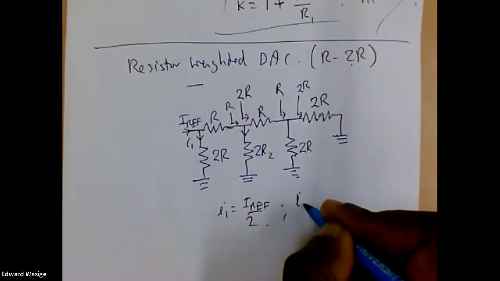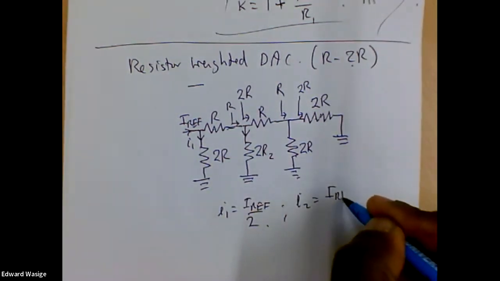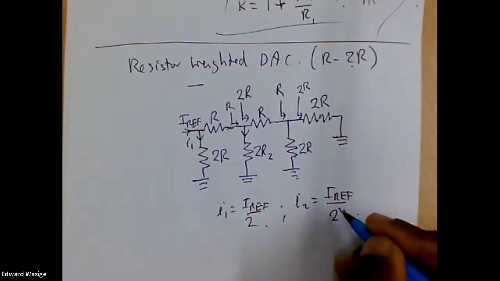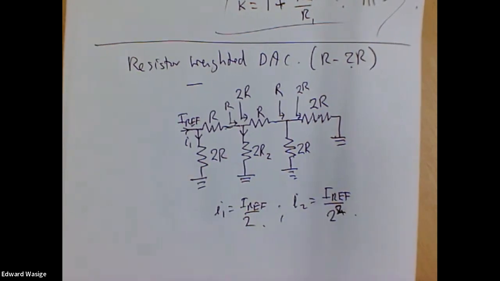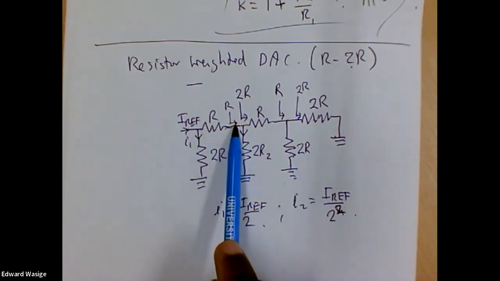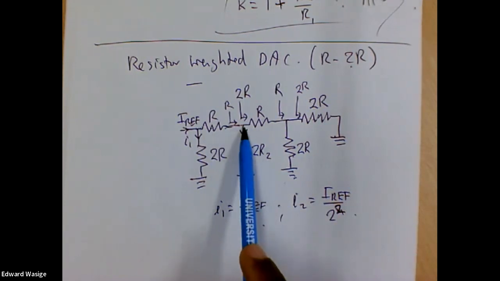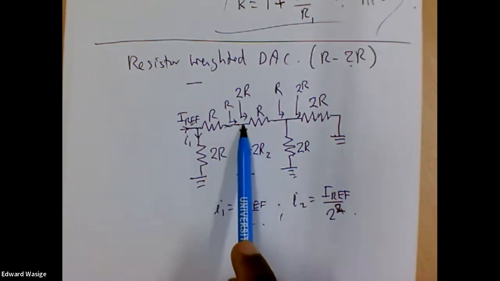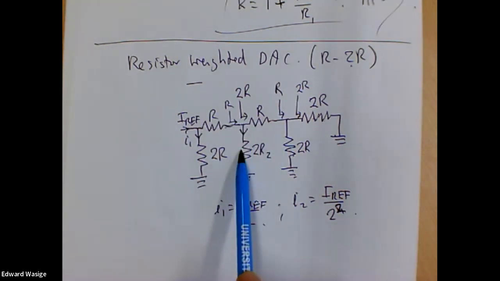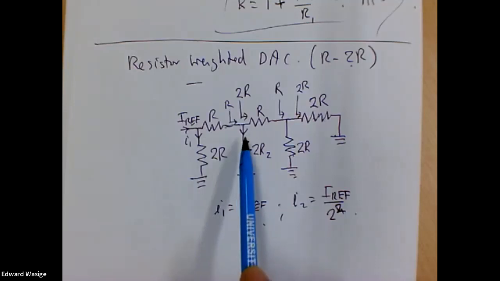I2, you should be able to see that I2, in terms of the reference current IREF, will be IREF divided by 4. Because only half of the reference current comes this way, when it reaches this node, the resistance towards this path and this path are identical, both 2R.